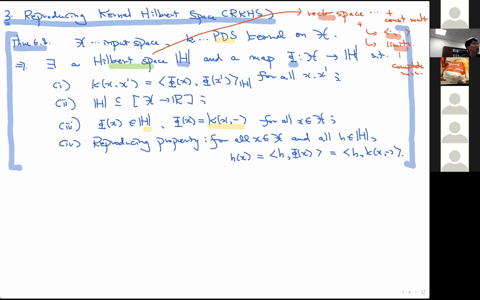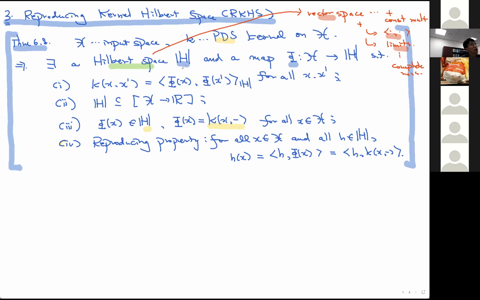Later, if you have more questions about the analysis, we will be looking for some structure. The particular H and phi that we're going to construct, and that this theorem claims to exist, is a so-called universal one. I'm going to tell you about this later.